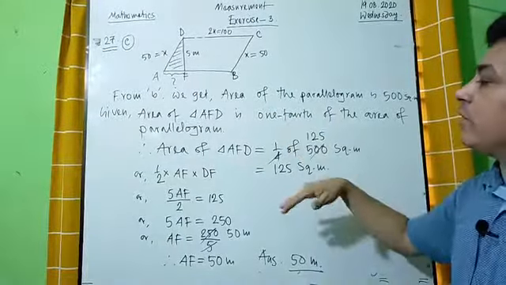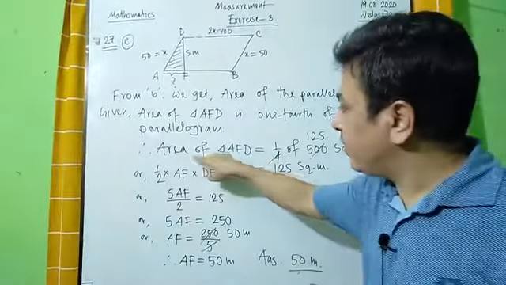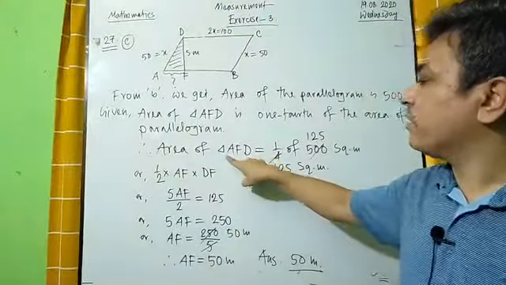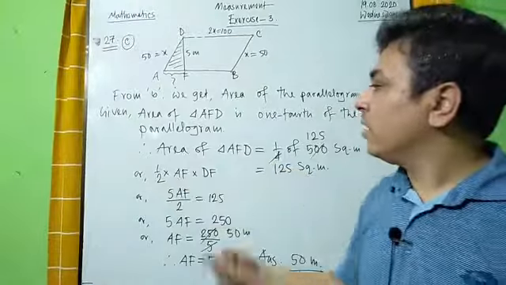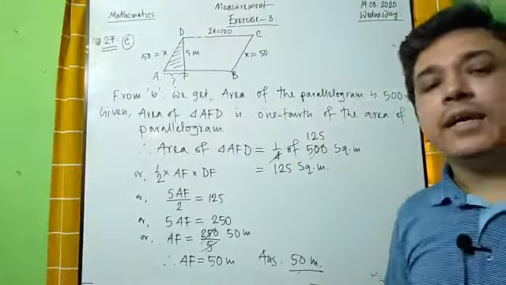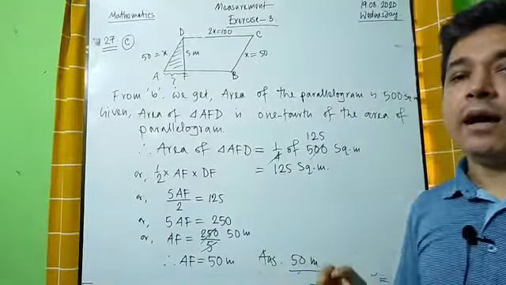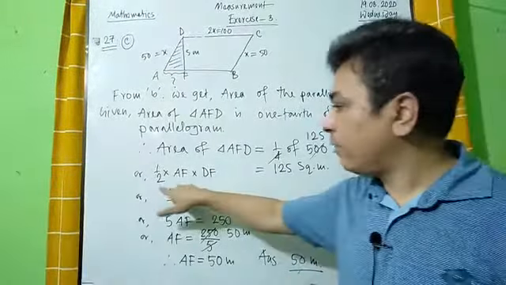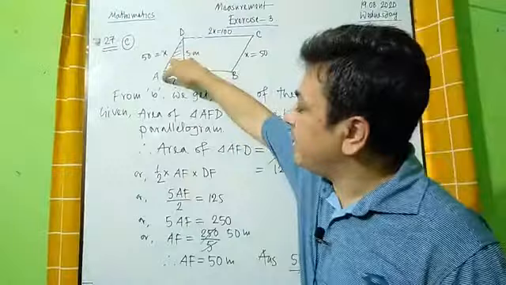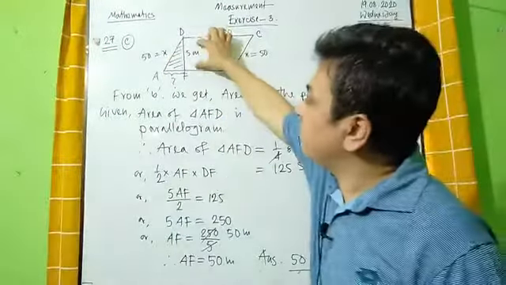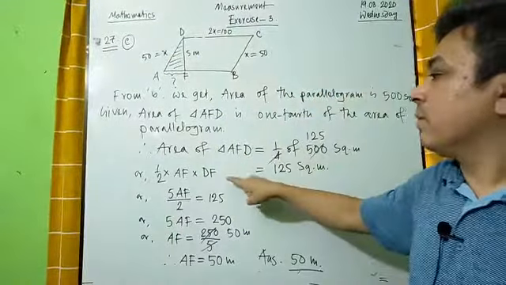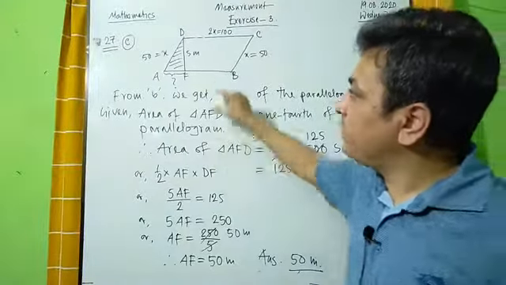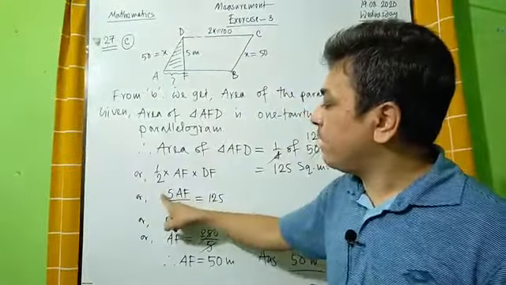And after that we are going to the next line, area of the triangle AFD equals, we know that area of the triangle means half into base into height. So look at that, half into base, AF is base, and height is DF or FD, you can write. The value of DF is 5 meter, so we are putting 5 here.